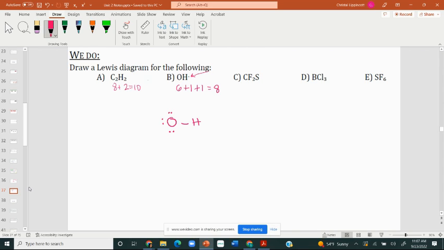This is my extra one that was brought in. Now, I have to indicate that I have an extra electron there. This is where the square brackets come into place in your drawing, and you put a negative out here. So you're telling the folks that you have this extra electron by putting that negative sign right there.